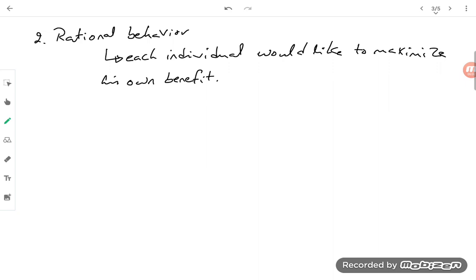Assumption number 3: there is no money illusion. What's meant by money illusion? Money illusion means that people make decisions based on the announced price or the nominal price of the commodity.